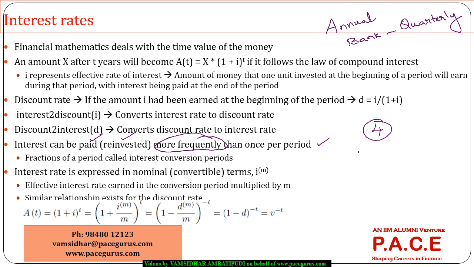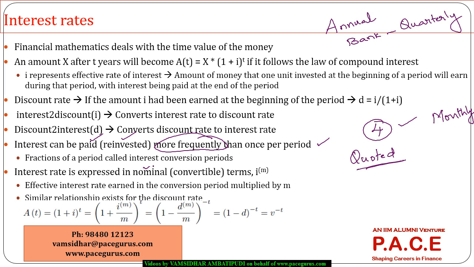But whenever it is quoted, right? The conversion of it could happen every quarter. The compounding of it could happen every month. But when I'm showing it to the customers, I would use the quoted interest rate itself.